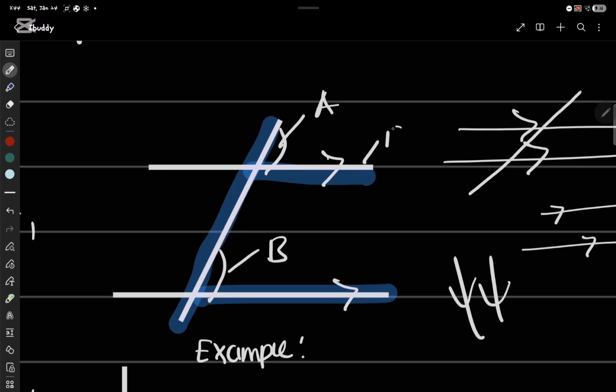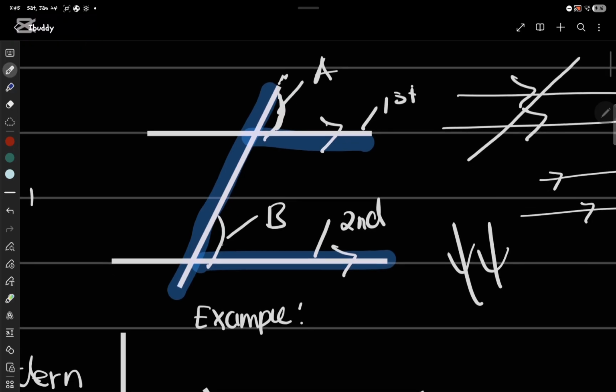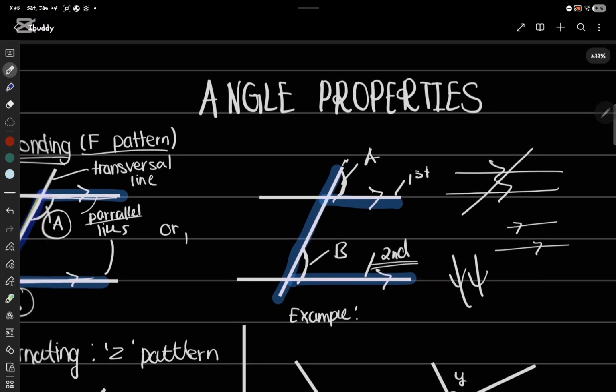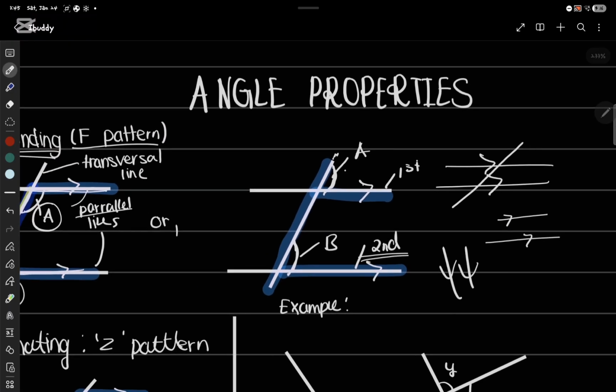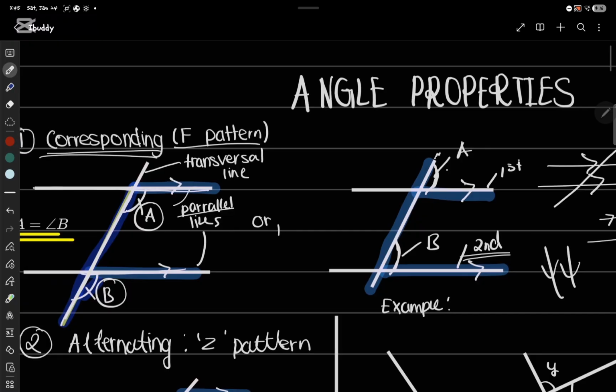So this is the first parallel line, this is the second one. A will be above the parallel line and intersecting with the transversal line, and the angle B would also be above the second parallel line, intersecting with the transversal line. Hence A and B will be the same. They're called corresponding angles.